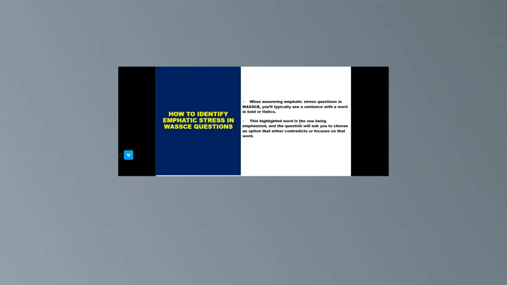The highlighted word is the one being emphasized, and the question will ask you to choose an option that either contradicts or focuses on that word. So what you need to do is to look for the emphasized word, that is the stressed word, and think of a question or response that challenges or corrects that word.